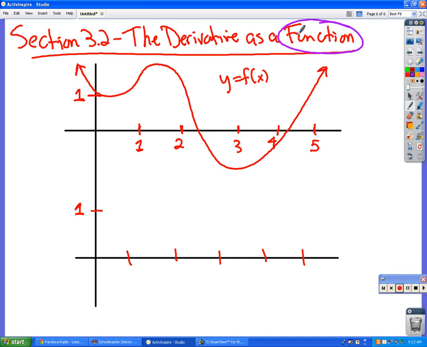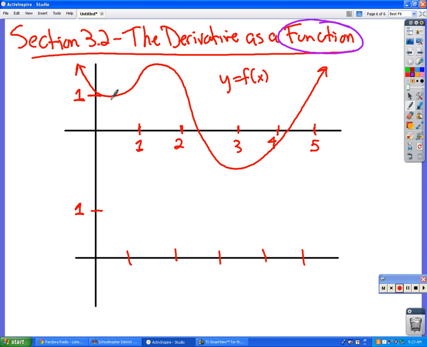Okay, so if we start over here on the left-hand side, what kind of a slope do we have on our graph here? Negative, okay? Very negative, mildly negative, somewhat negative, so-so negative. Okay, what happens to that negative slope as we move from the left to the right?